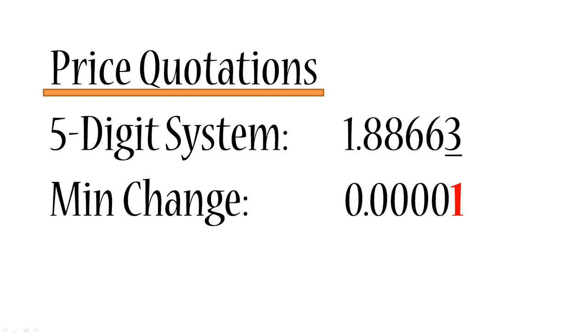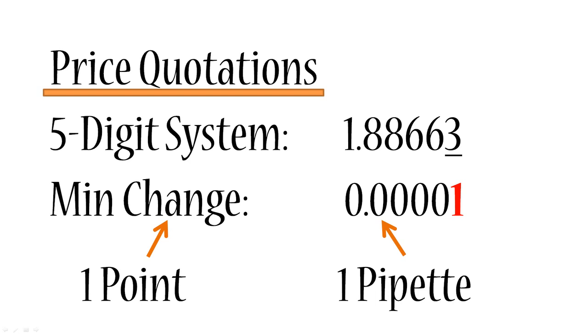Now let's understand how the definitions of pips and points have changed in this particular case when the 5 digits system has been introduced. So the minimum change is still called 1 point. Minimum change is always called 1 point. Now the value on the right, 0.00001, has been labeled with the name pipette.